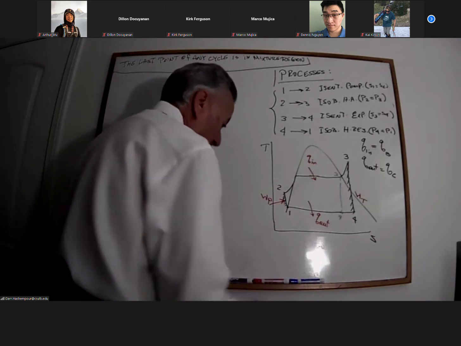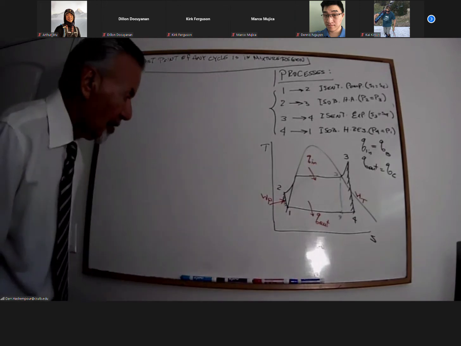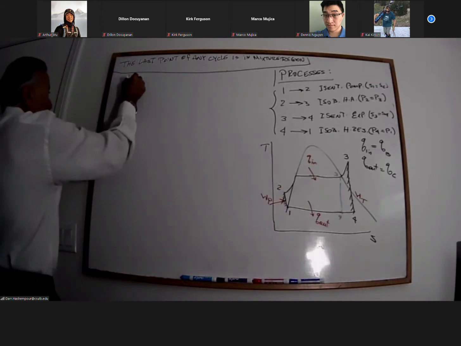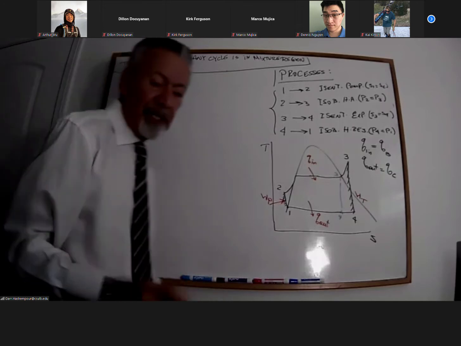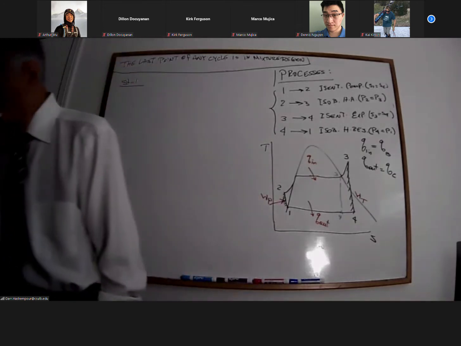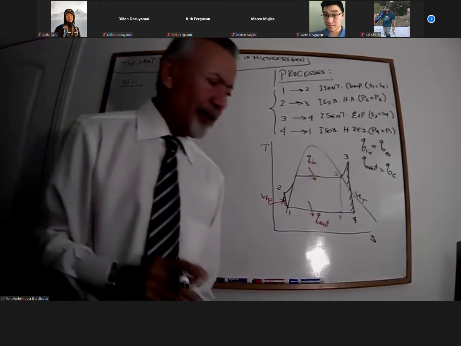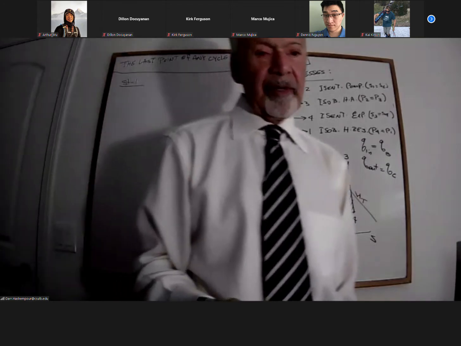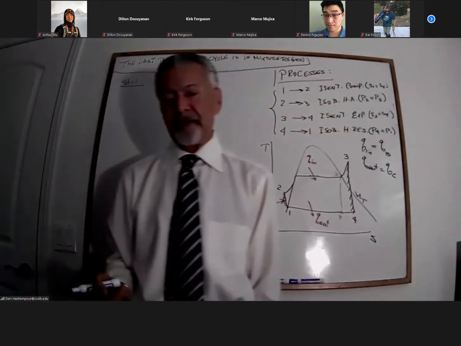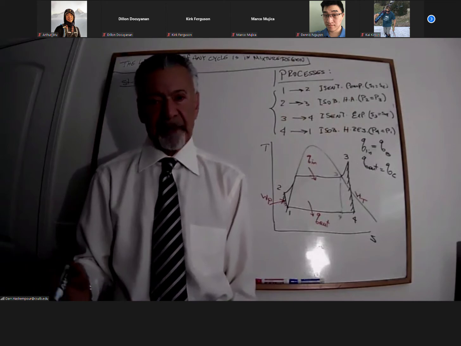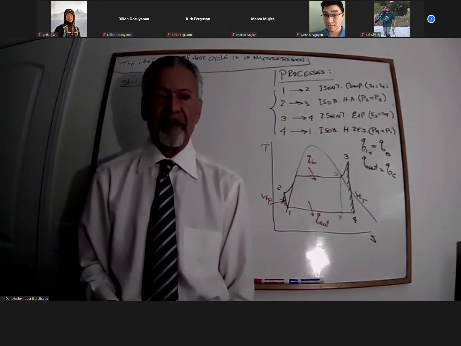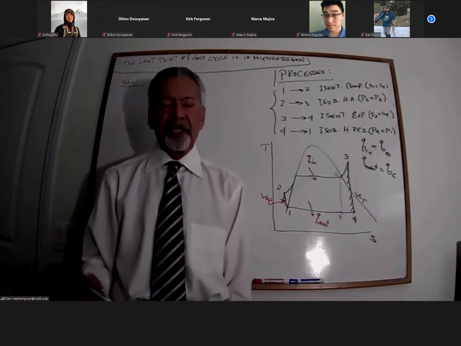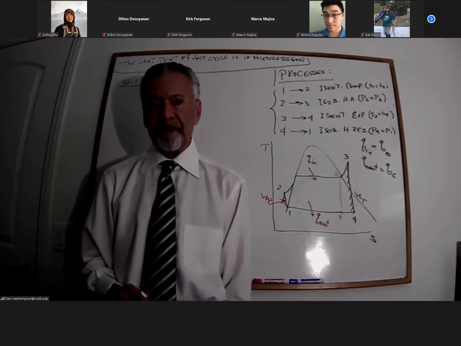Now, to start with, like what we have done before, we always start at state 1. So at state 1, one thing you need to understand: in chapter 9, when we went to the table to find the values of various thermodynamic parameters like enthalpy or internal energy, we just needed one thing, and that was the temperature.